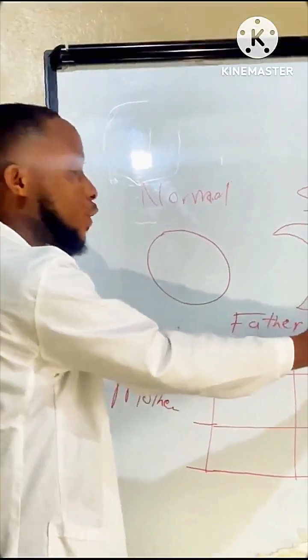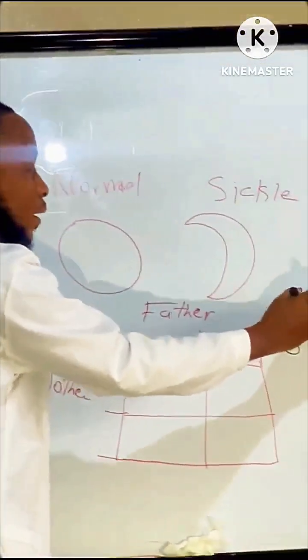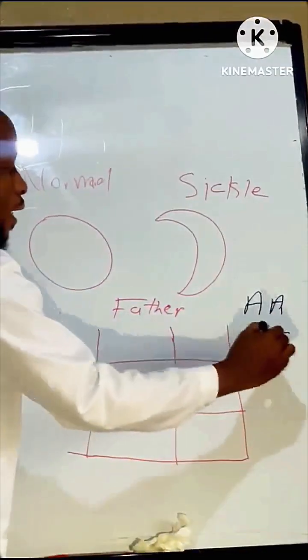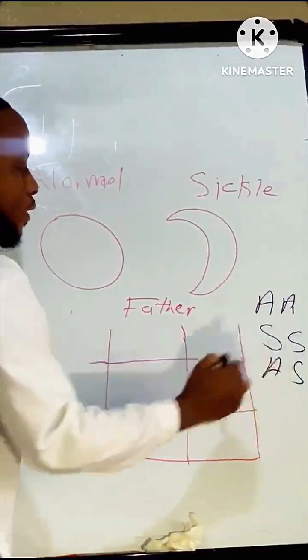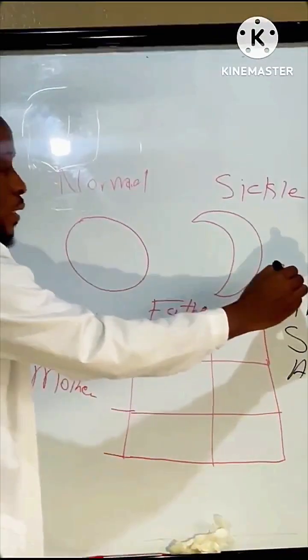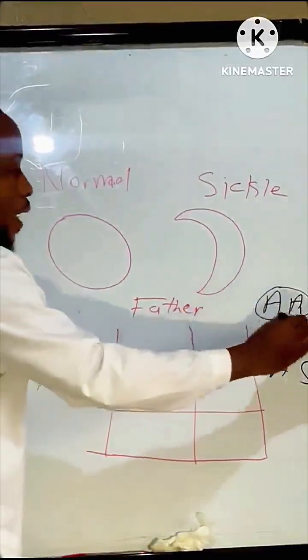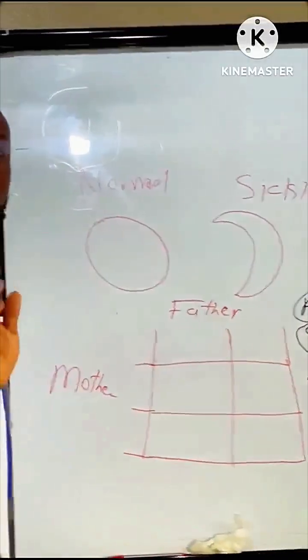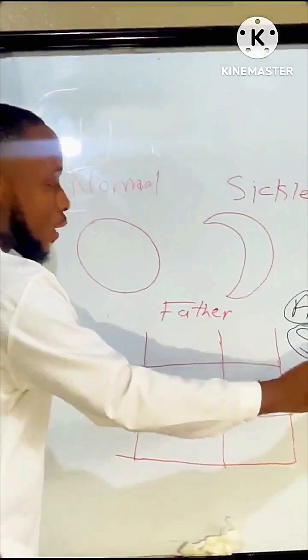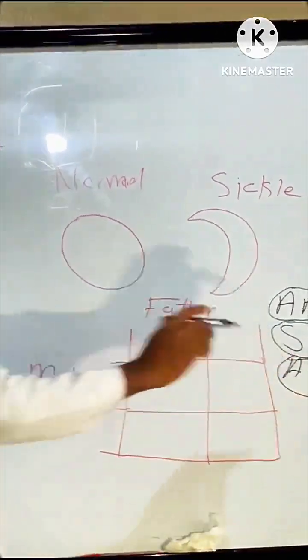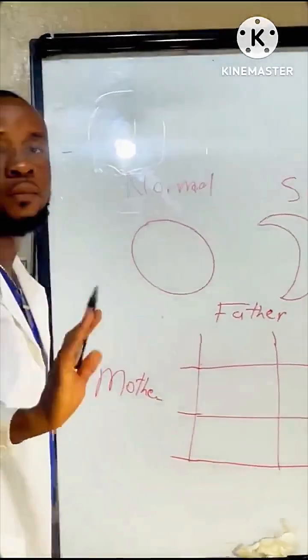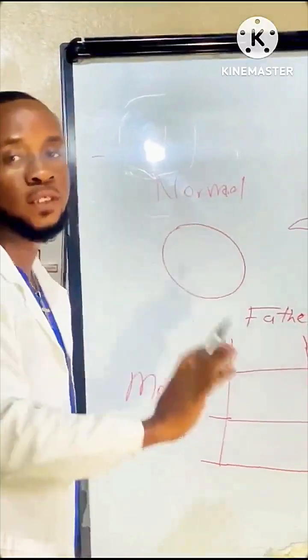So you have people having AA, SS, AS. This person does not have sickle cell at all. This person has sickle cell, and this person is carrying the gene of sickle cell, but there's no symptom on them. There's no symptom that you see manifesting.